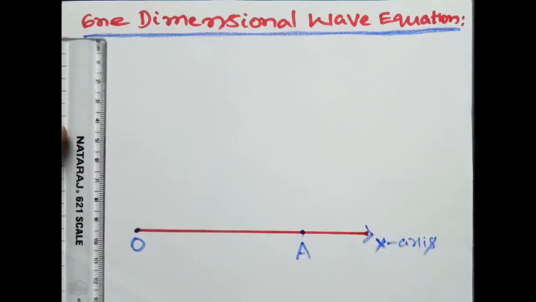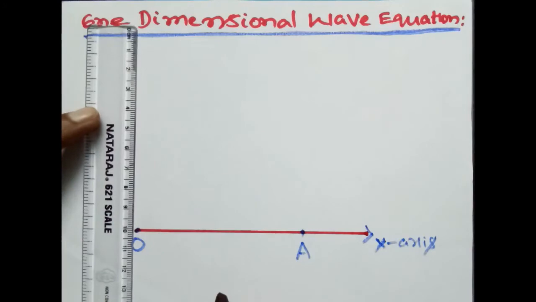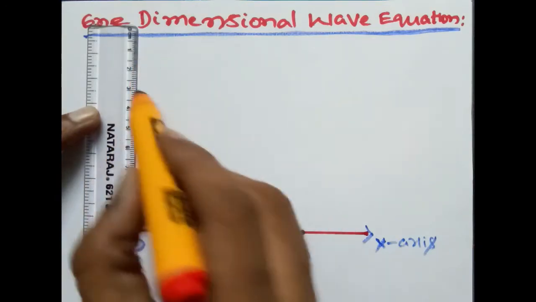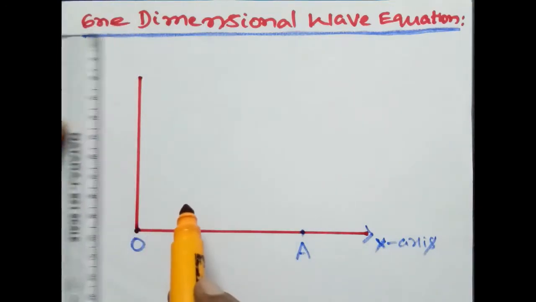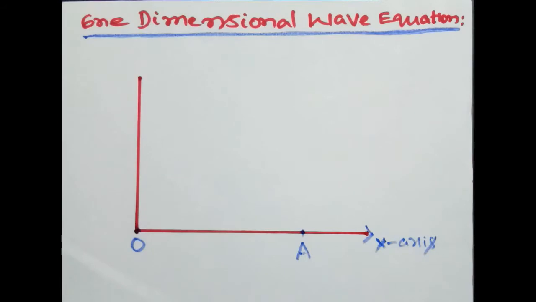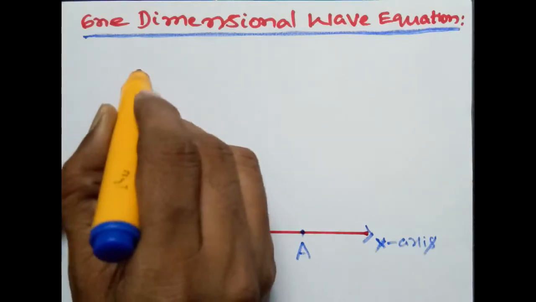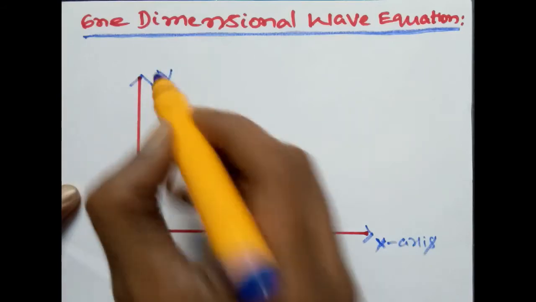O is considered as the origin, and then draw a perpendicular line through O to the line OA, and consider this line as the y-axis.